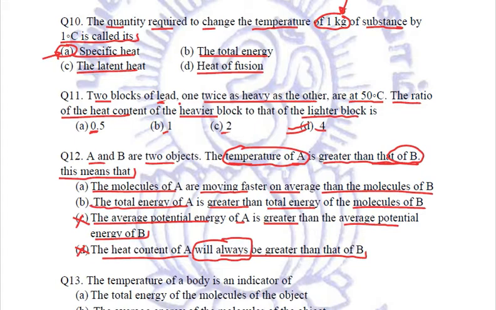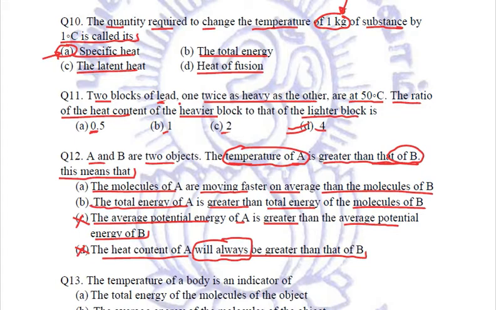Now comes the left two options. One option is the molecules of A are moving faster on average than the molecules of B, related to the kinetic energy, which we may consider.